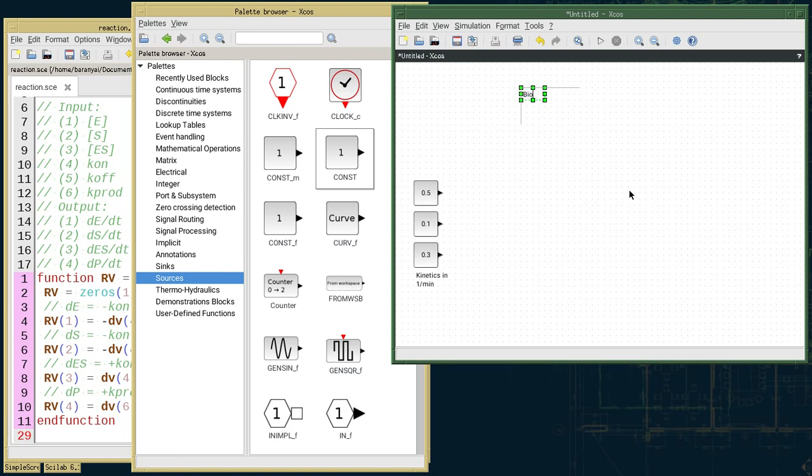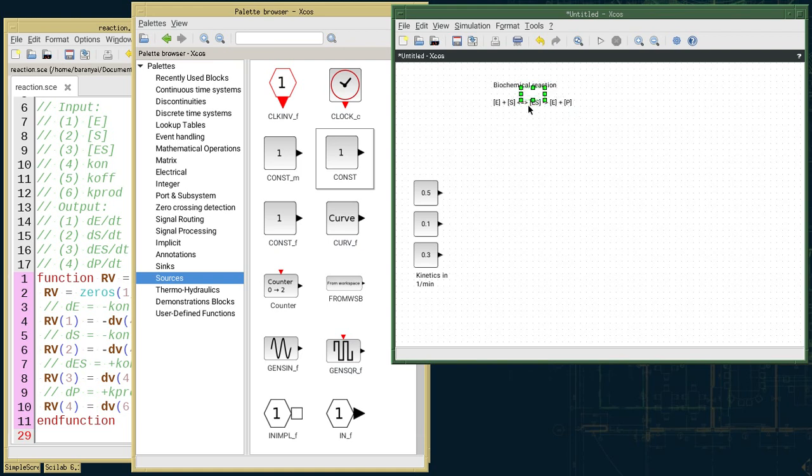So the title will be Biochemical Reaction, and the reaction I am simulating is enzyme plus substrate forming, first in a reversible way, an enzyme substrate complex, and then only in one direction, enzyme plus the product.